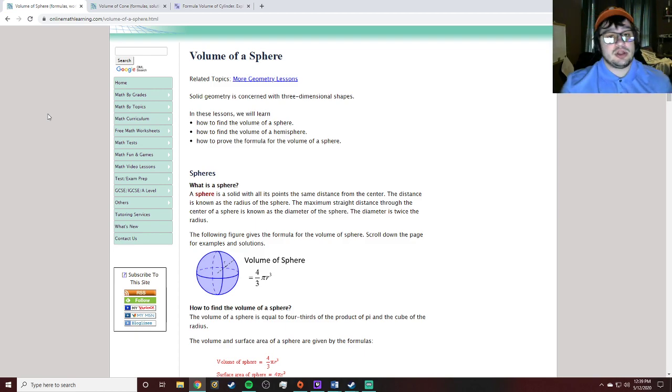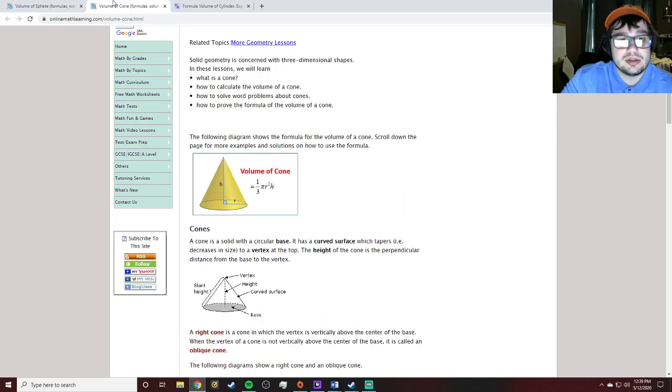So these are the three formulas that you're going to be dealing with. Volume of a sphere is 4/3 pi r cubed. Again, we're looking for radius as r. Cone is 1/3 pi r squared times the height. So r is, again, the radius, so radius squared, times the height.